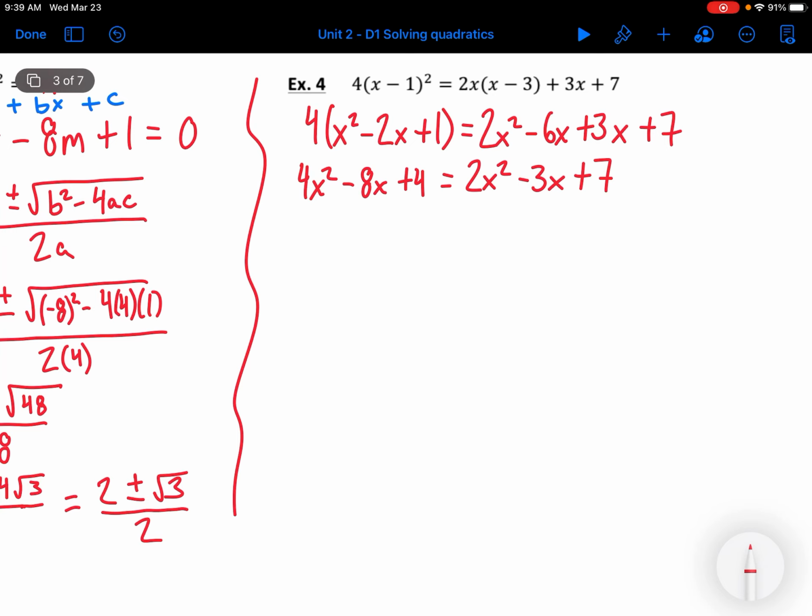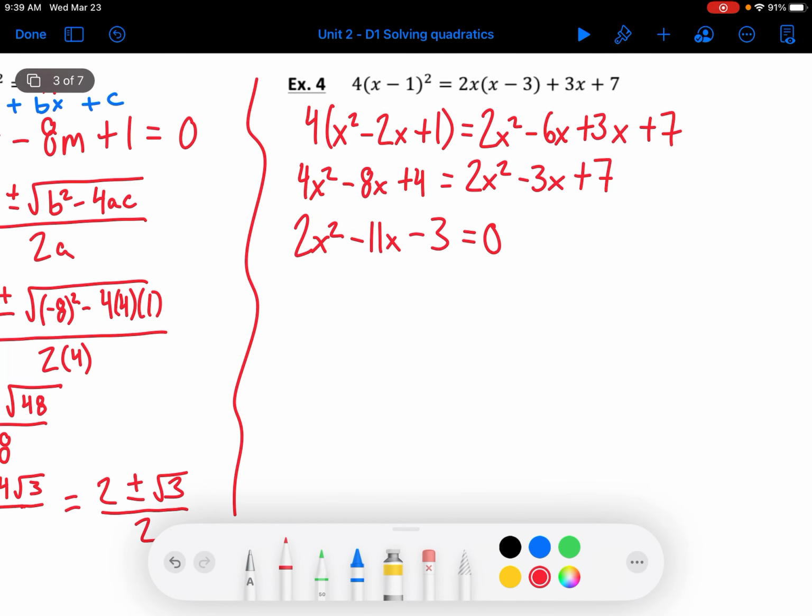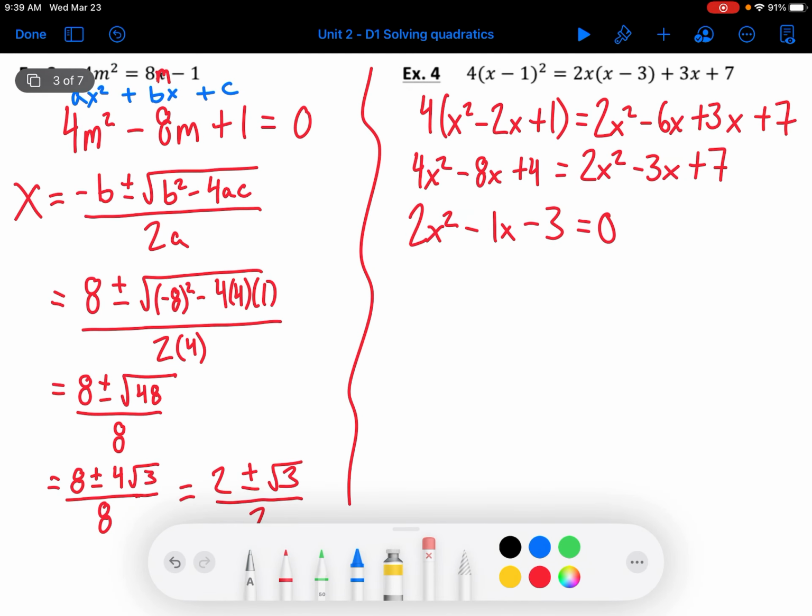And now we're going to put everything on one side. I'm going to put it all on the left because we've got a bigger term there. So we get 2x squared minus 11x, and then minus 3 equals 0. Oh, that middle term shouldn't be 11 because we're moving that to the other side.